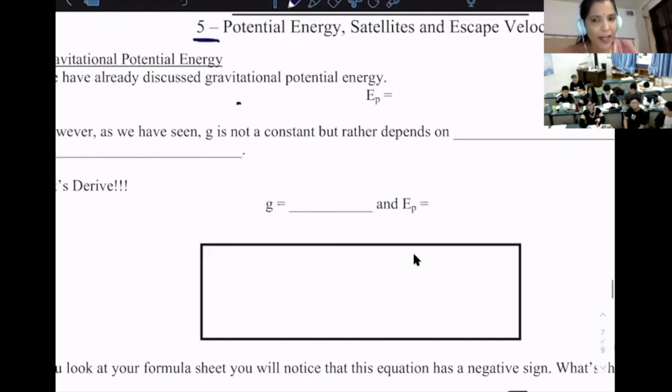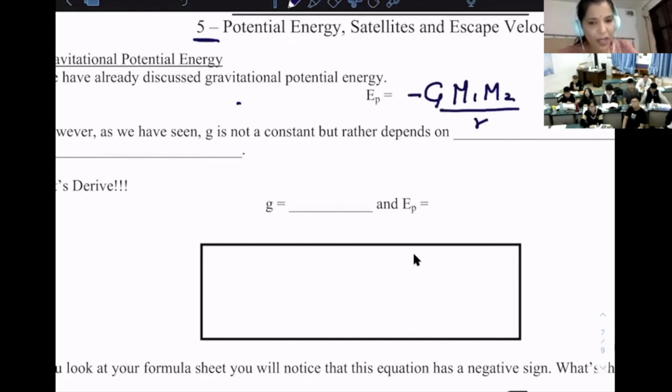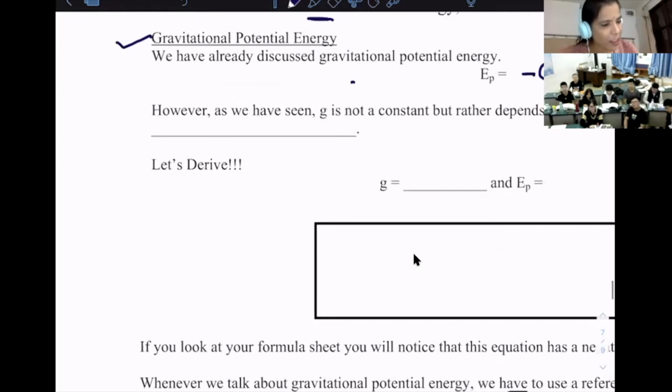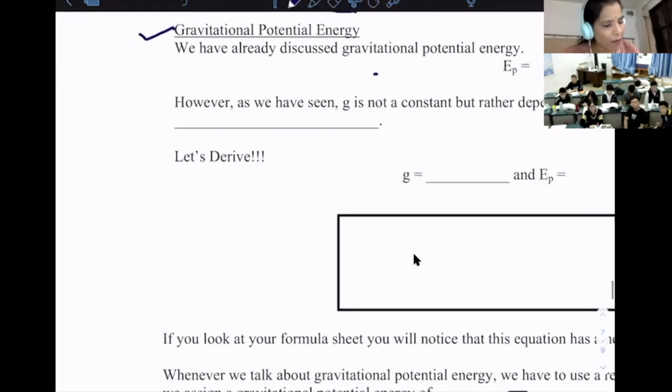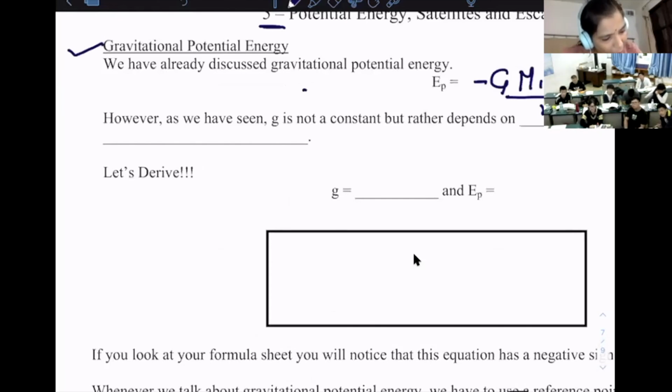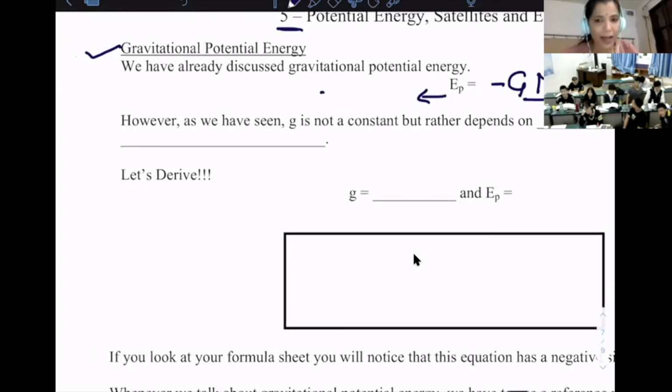Because you already know what this EP value is. Okay, very good. Next point. However, can y'all help me to derive this? What are the steps we follow to get this final value?